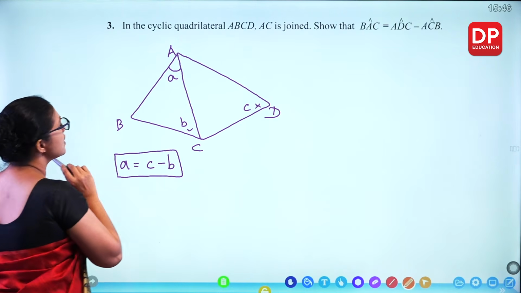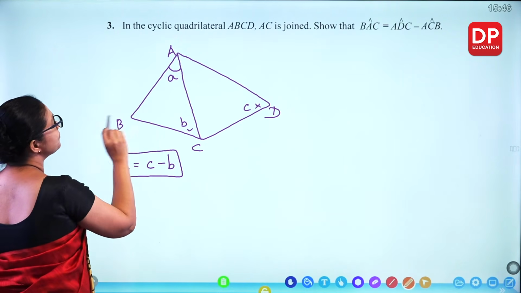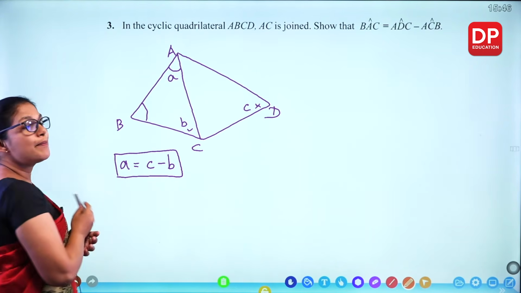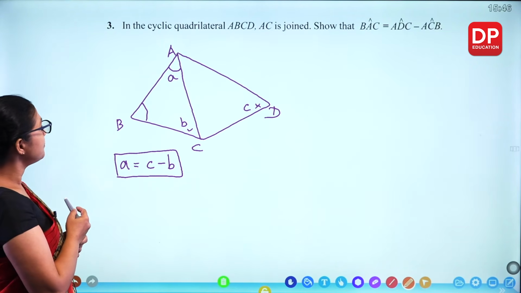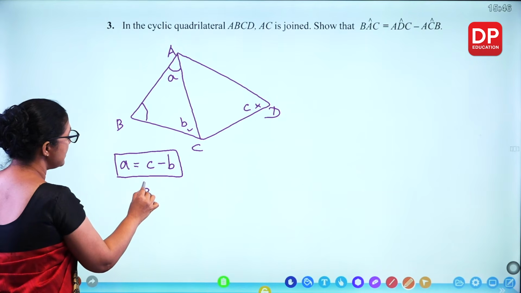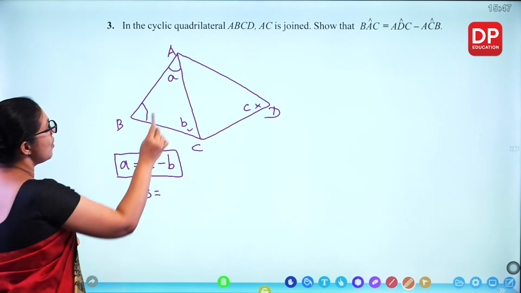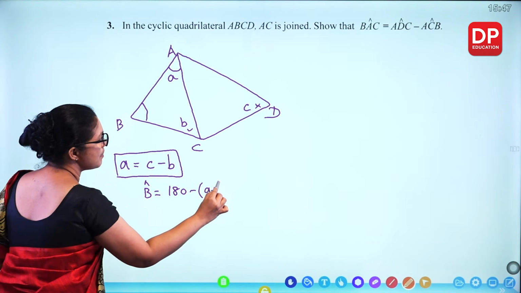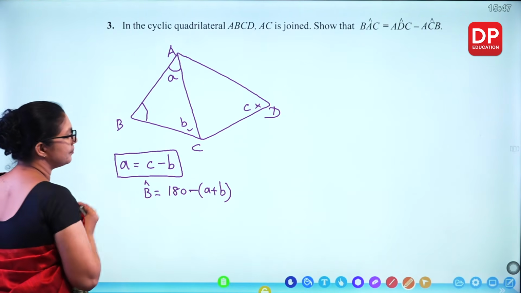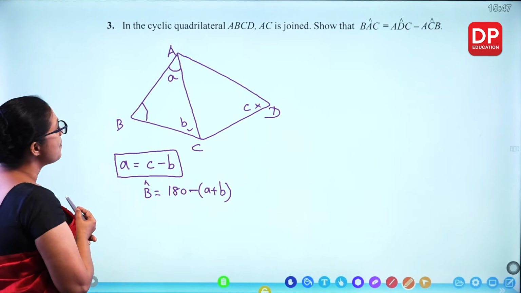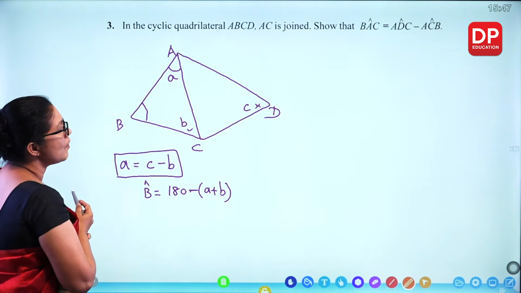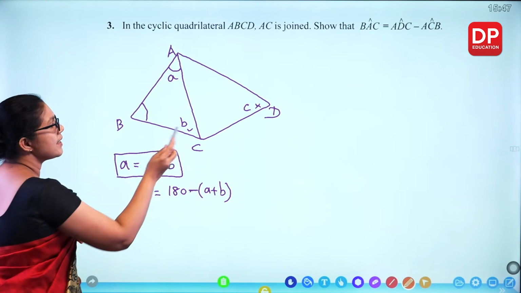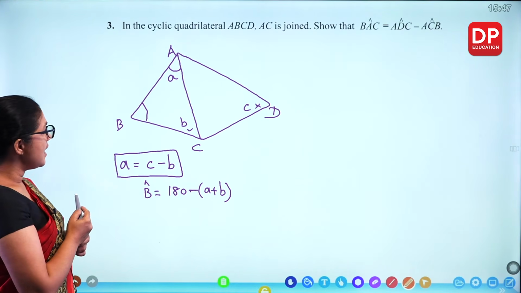We'll find out this angle using A and B. What's that angle? It is 180 minus A plus B. Then what's C angle? C and this angle add up to 180.